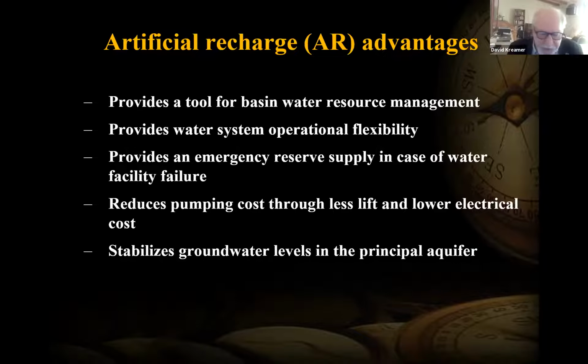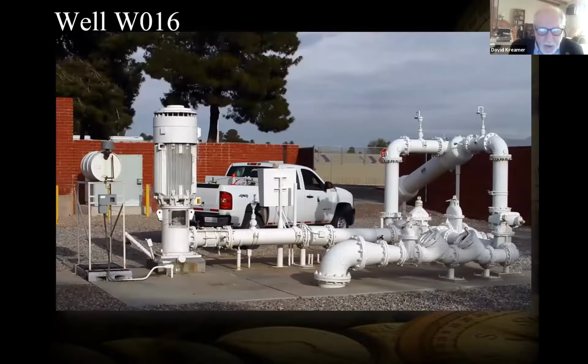For example, where I live in Nevada, if Lake Mead, where 90% of our water comes from, were to get a toxic algae bloom, we could then go to the groundwater system and the recharge. The city of Las Vegas has been recharging water for over 30 years.